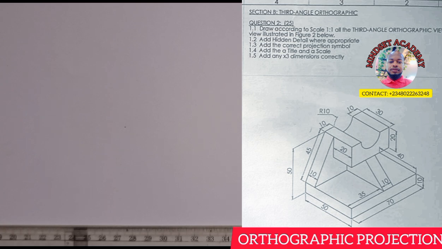The question says: draw according to scale 1:1 all the third angle orthographic views of the isometric view illustrated in the figure below, and add hidden details where appropriate, add the correct projection symbol, add the line, add a title and a scale, add any extra dimension correctly.